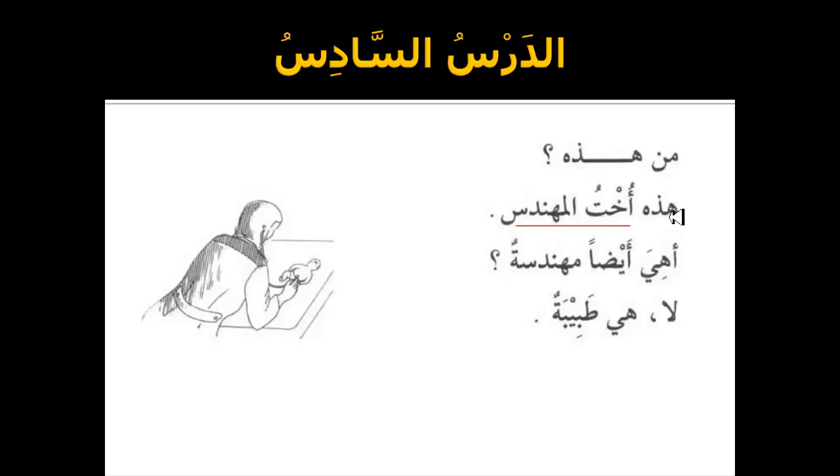Alright? And that's the engineer's sister. And then the next, ahiya aidan muhandisa, or I'll use the long form, ahiya aidan muhandisatun. Here we have the particle of istifham, the hamza, coming before the sentence.